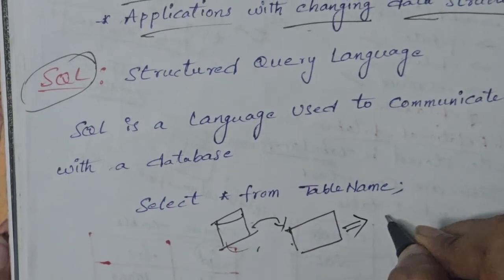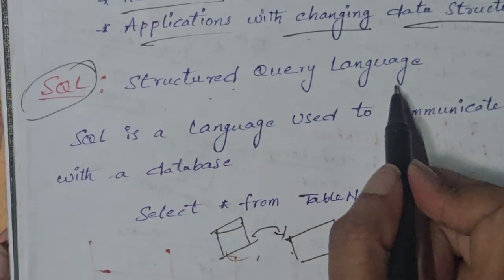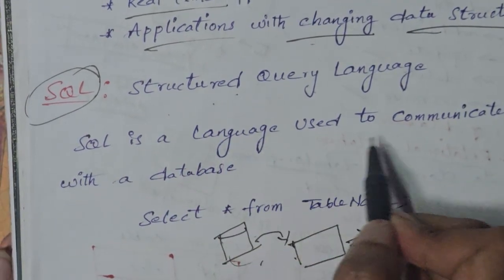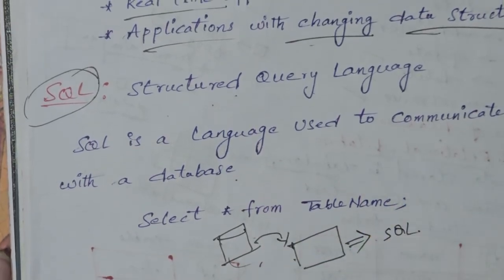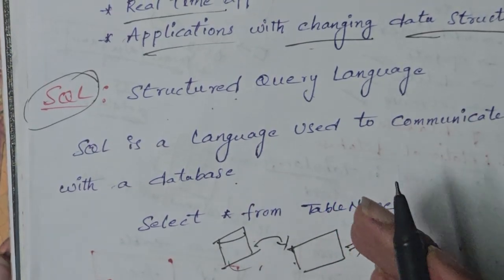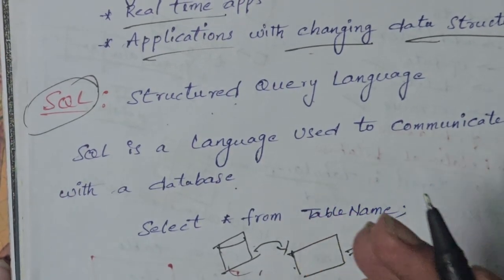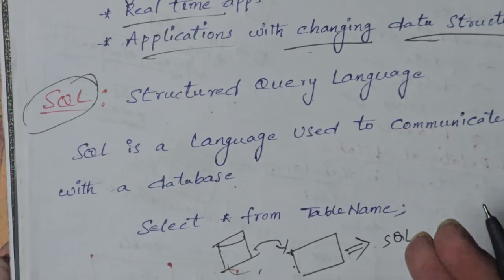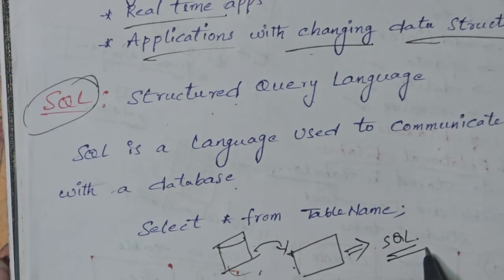That is nothing but SQL. SQL is Structured Query Language. SQL is a language used to communicate with the database. For example, you have to add some data to your database or modify it, like inserting data, deleting data, or retrieving data. These operations can be performed using SQL.